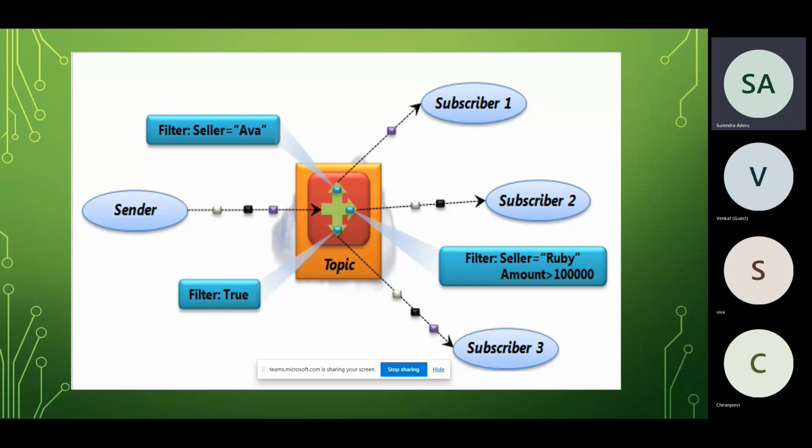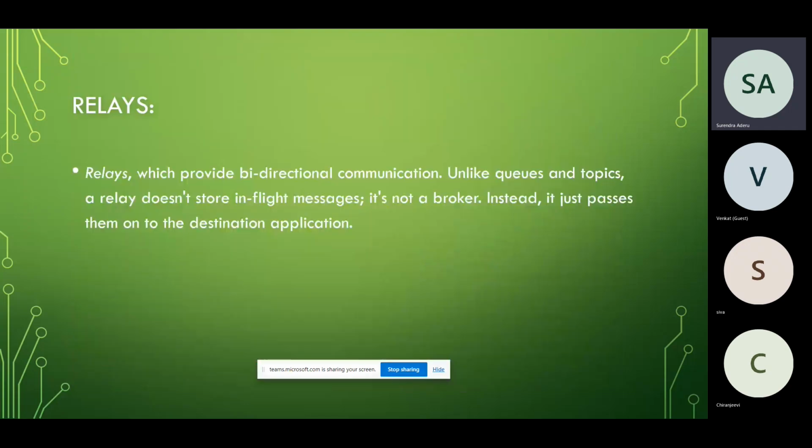Unlike your queues and topics, relays will not store any messages and will not work as a broker. They just help pass the message from source to destination and destination to source. So this is one of the topics which we discussed in the previous session.